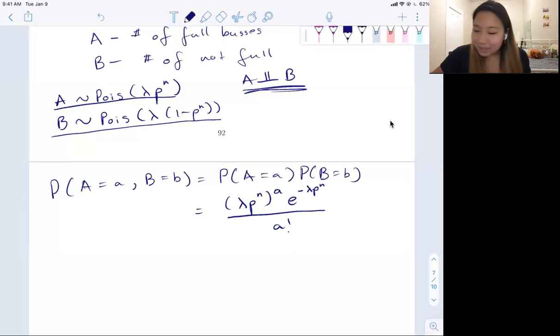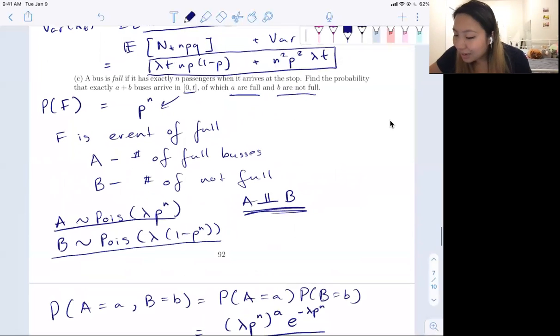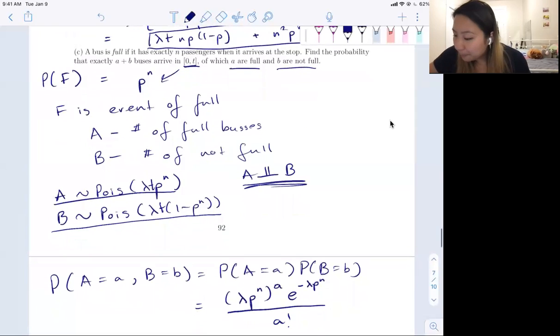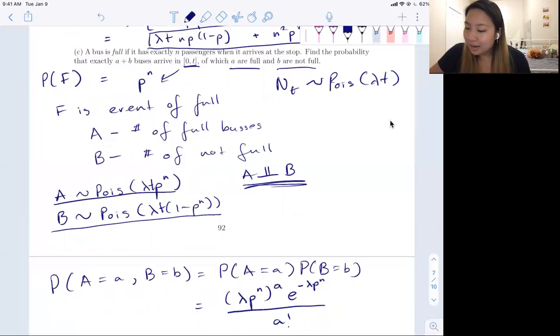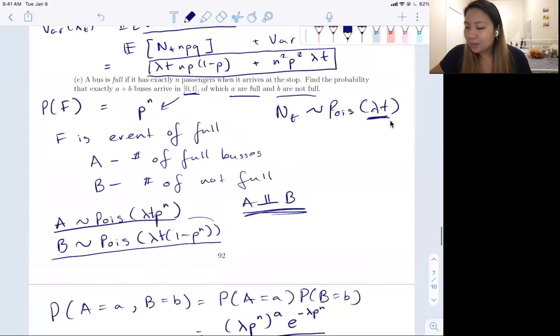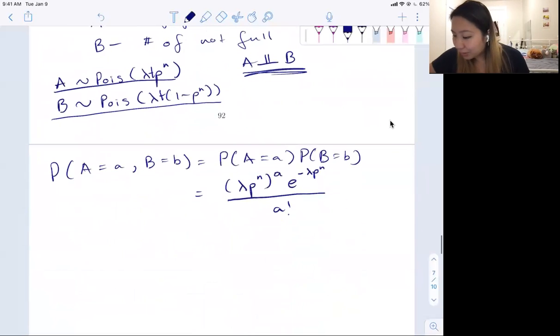Since we're observing it over a period of t time, it's actually lambda t, because the unfiltered N_t is just Poisson lambda t, and we're filtering on this, so we put the p to the n and the 1 minus p to the n on those. Okay, so that was a small problem. I'll fix that. So lambda t p to the n, lambda t p to the n. So that's for this one.